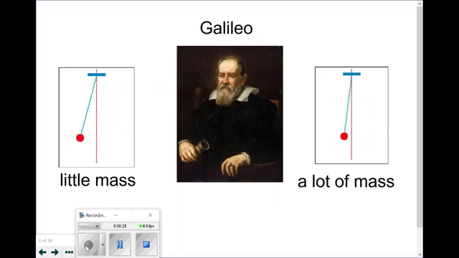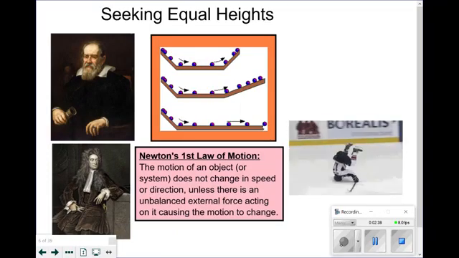It was believed at his time that heavier objects would fall faster than lighter objects, and so if that was true, heavier pendulums should swing faster than lighter pendulums, but his observations showed that that was not the case. From his experiments and observations, it seemed that only the length of a pendulum affected the time it took to swing back and forth.